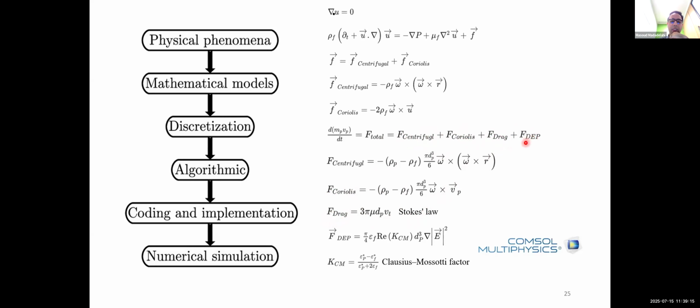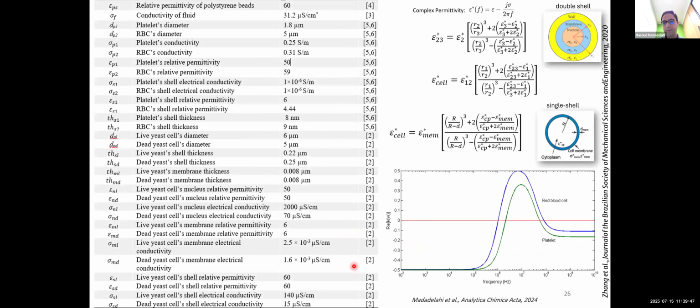And finally, DEP, or dielectrophoretic force, that is defined using this equation. This E is our electric field. dP is the diameter of particles that we have. And this KCM is Clausius-Mosotti factor. That is a very important parameter in this equation, and you can define it based on epsilon values like this.